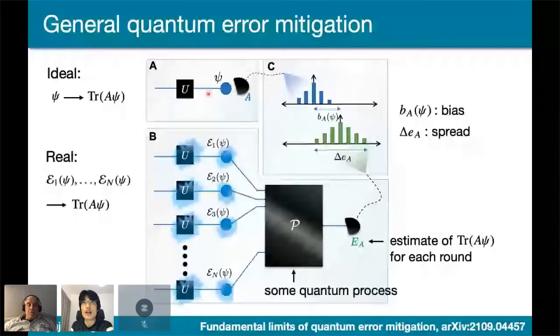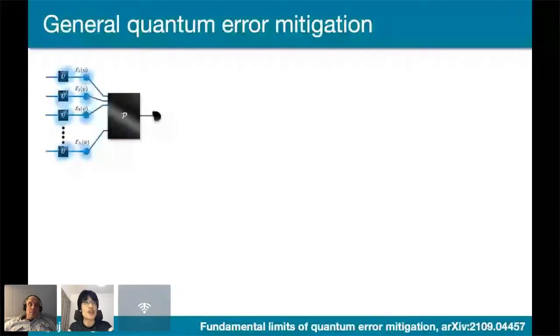Okay, now, we introduced this quite general framework of error mitigation. However, we can do a bit more than that. In reality, we could also have some limitations because of experimental access or even fundamental reasons.